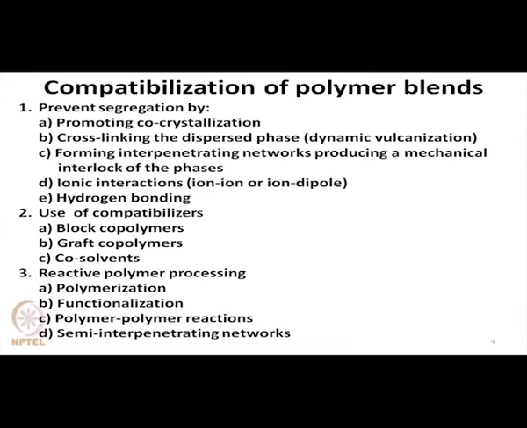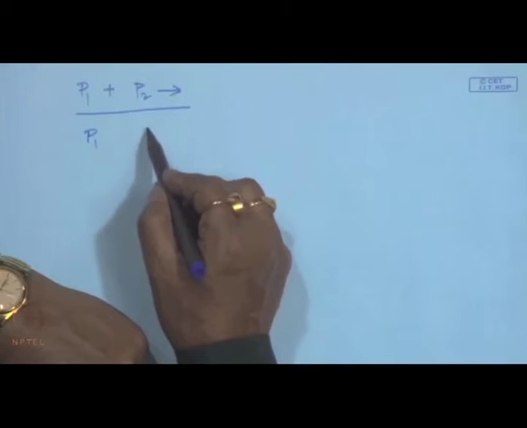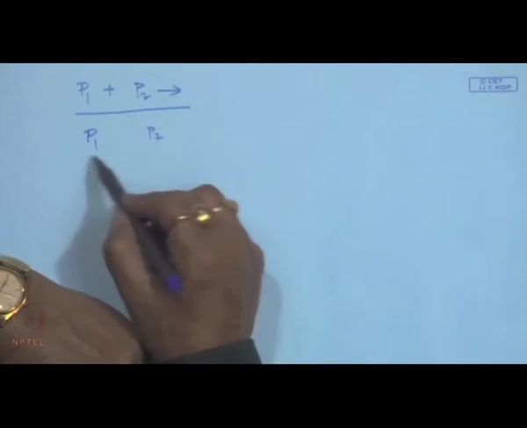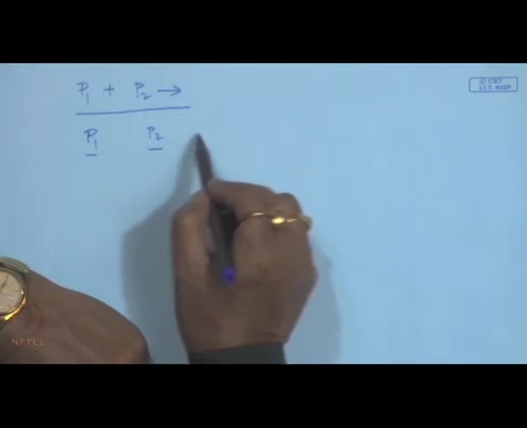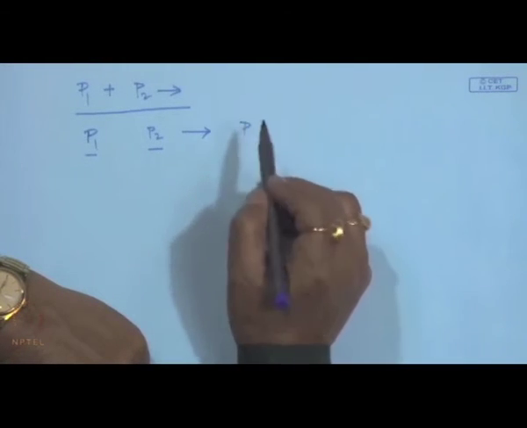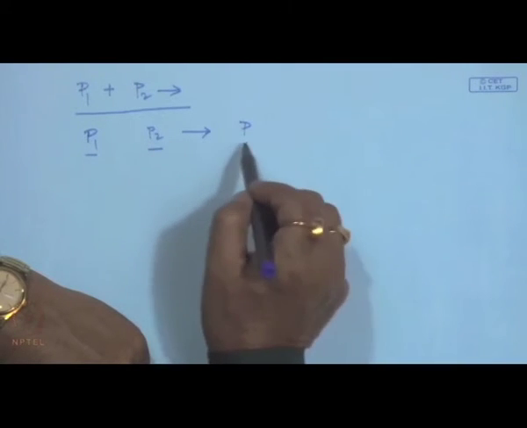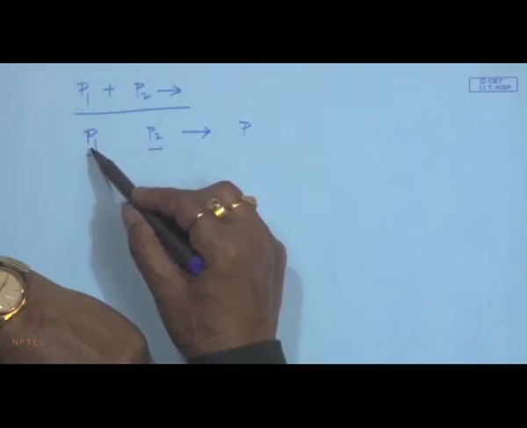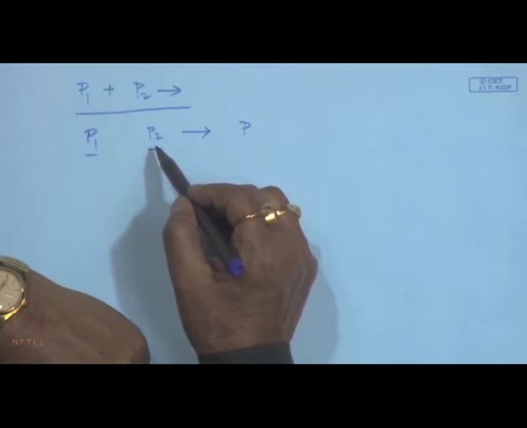Functionalization. One can functionalize, say, component polymers P1 and P2. These two polymers are available in the market. I want to develop a new product P having different properties from that of either P1 or P2.